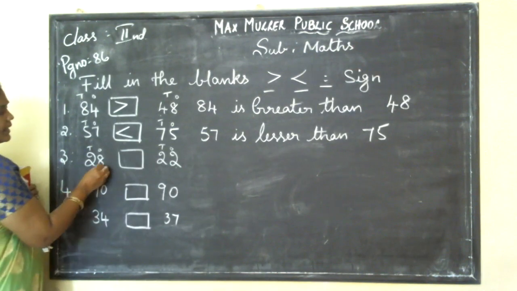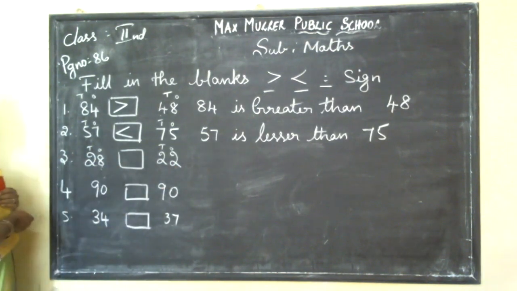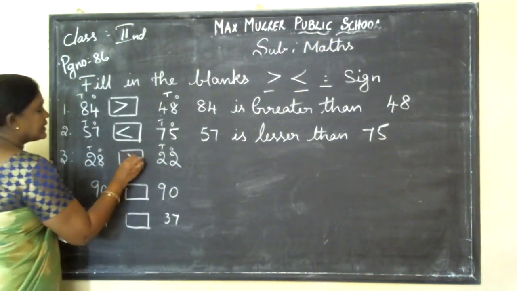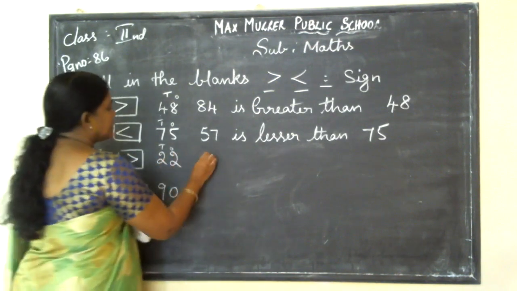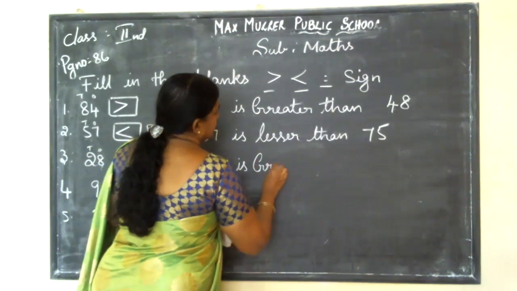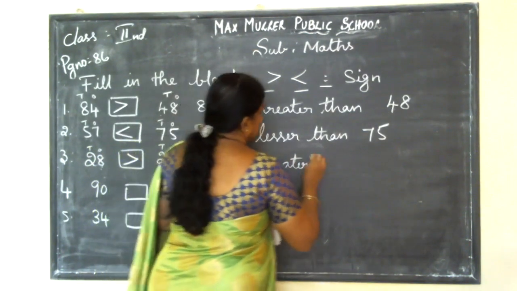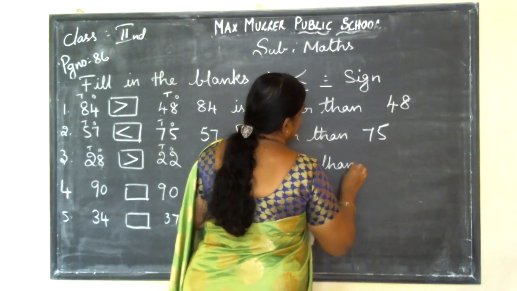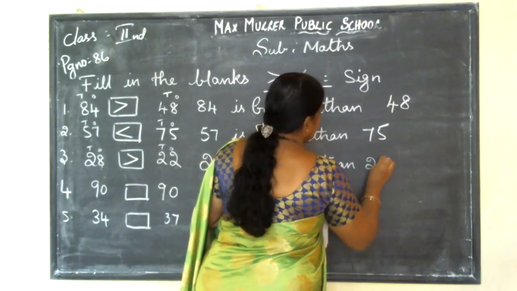Which one is bigger, 8 or 2? 8 is the bigger number, so you will write the greater than sign. 28 is greater than 22.